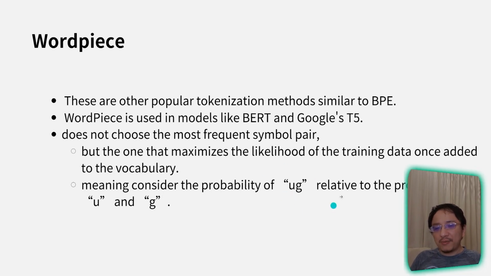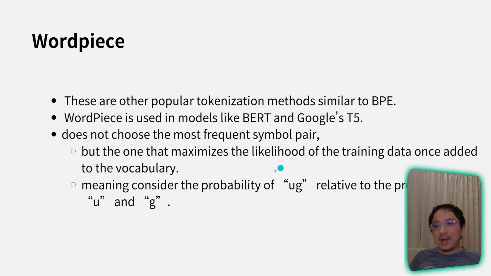But UG itself doesn't have much meaning. So by considering these two cases, we probably should normalize the probability of UG by the probability of U and the probability of G. That is exactly what WordPiece does.